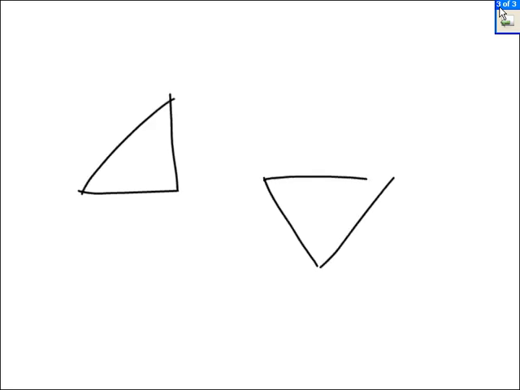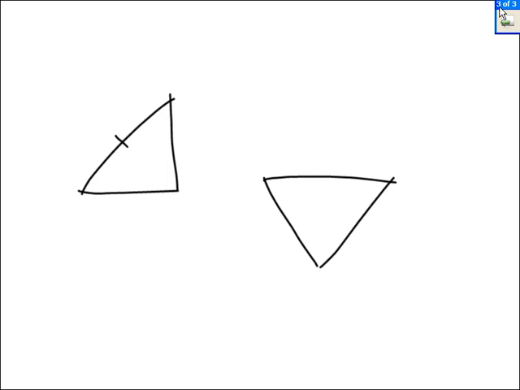I do want to go back and say something that I caught that I didn't say very clearly before. In fact, I didn't say it at all. If you have two triangles, of course, one of them can be rotated.